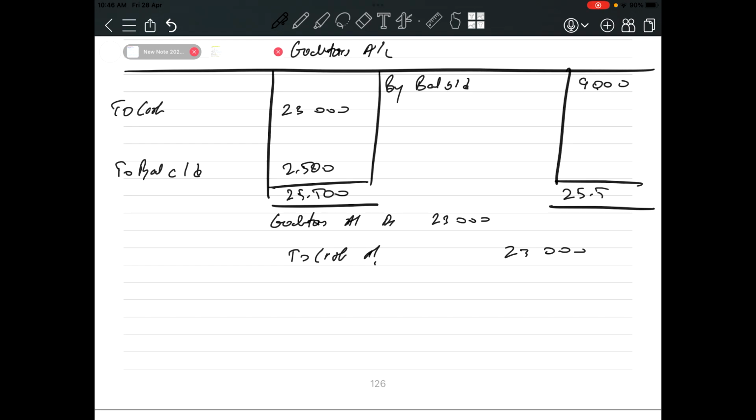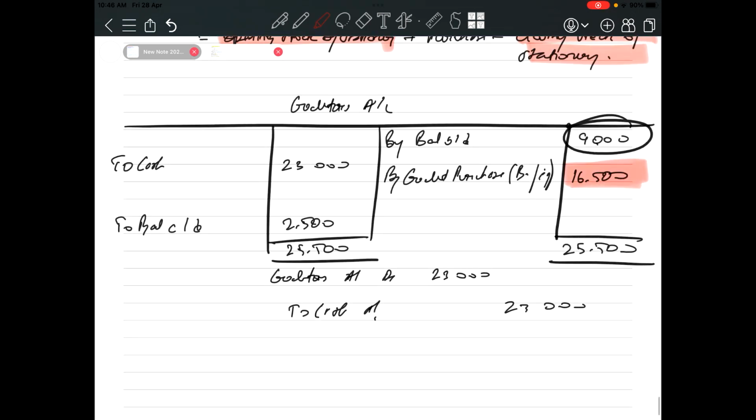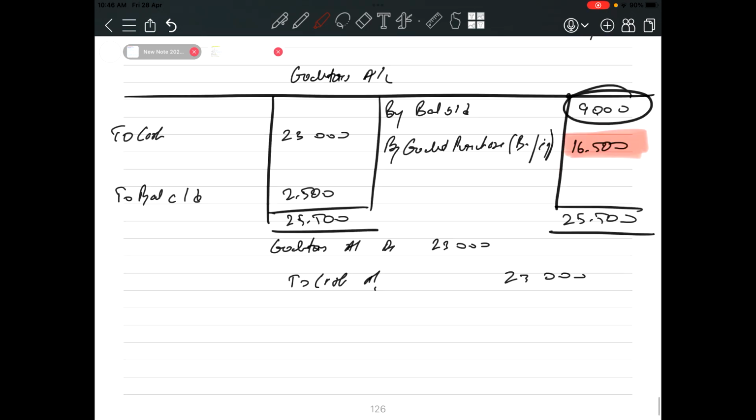So obviously the other side will also be 25,500. If you deduct this 9,000, you will get the amount of purchase, which is 16,500. This will be by credit purchase. This is your balancing figure. Understood? So this is the answer for this account. Purchases is the final balance, so this should be the amount.